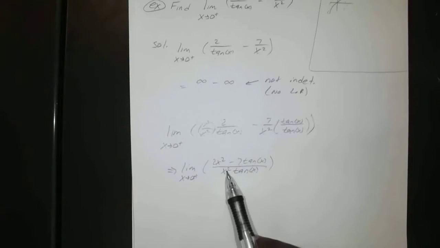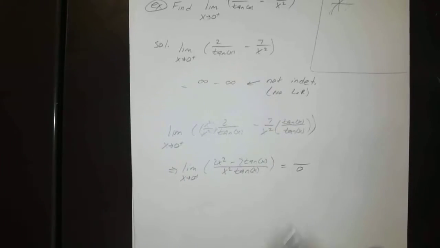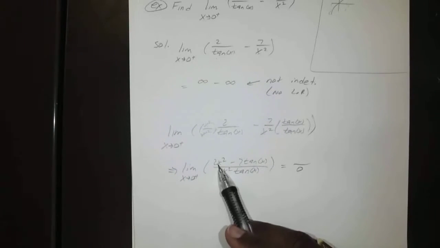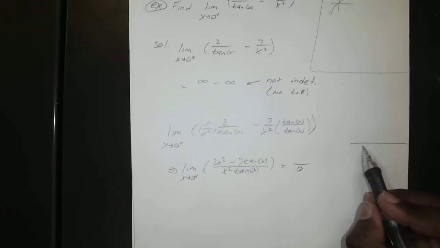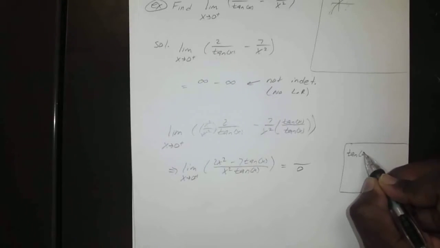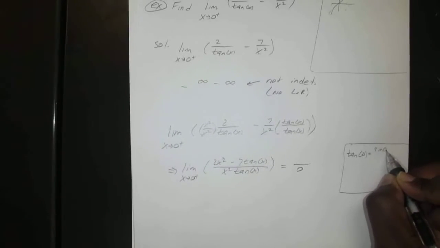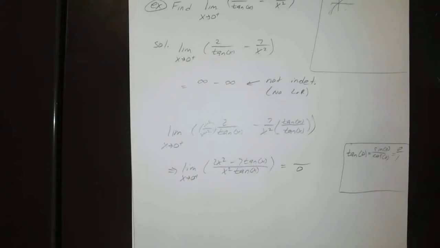Okay. So if you plug in 0, we end up with 0 in our denominator. And in the numerator we end up with 0 minus tangent of 0. If you remember, tangent of 0 is just sine of 0 over cosine of 0, which is 0 over 1, which is just 0.